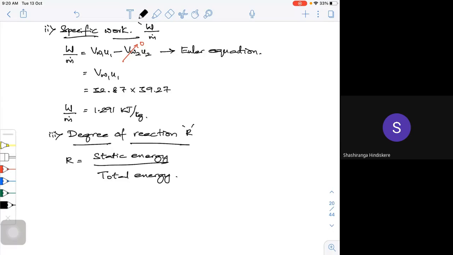So if you closely observe, if you go by the formula we have defined: U1 square minus U2 square, divided by 2, plus VR2 square minus VR1 square by 2, divided by your total work W, that is W by M dot.